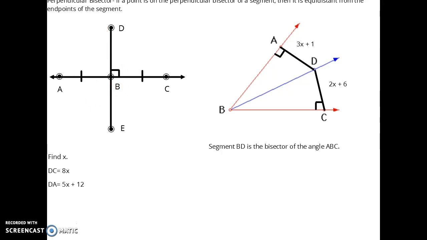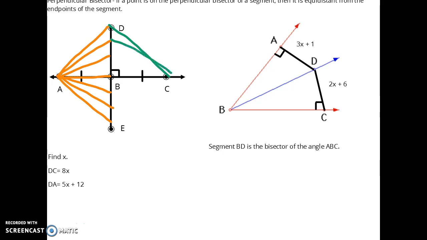Why is that important? Because we need to know that every line that we draw from this A that touches the segment that forms the perpendicular bisector are all equal distance apart from its corresponding side of C. So, in other words, this line segment is congruent to this line segment.